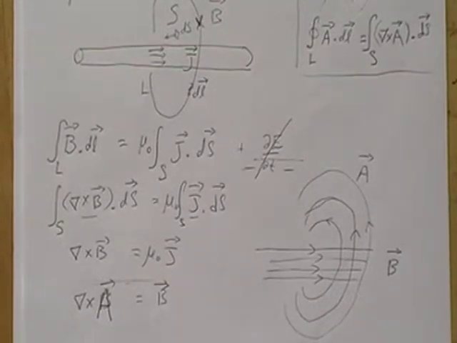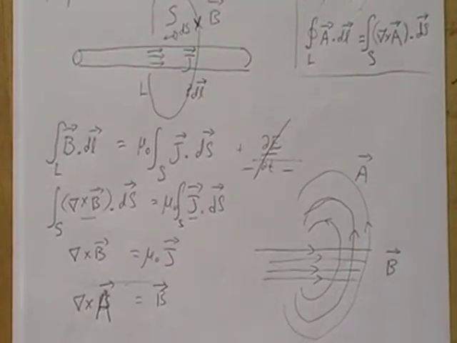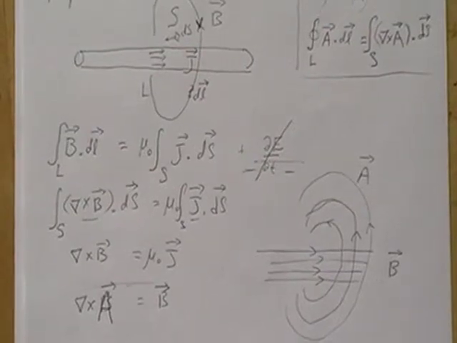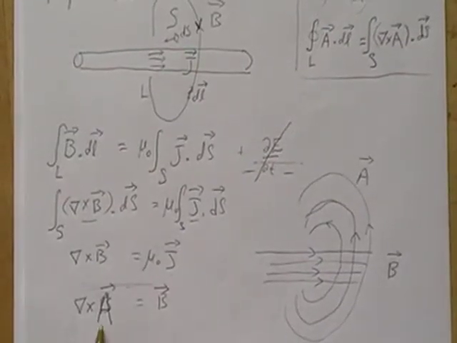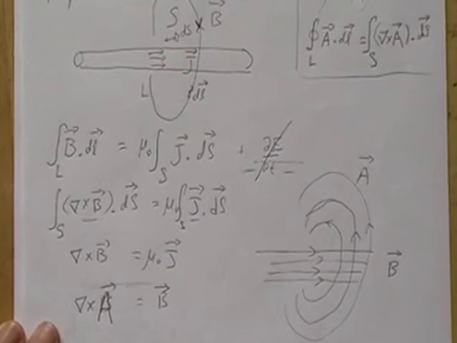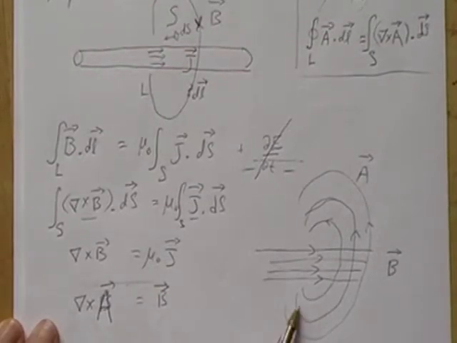So we have just visualized A for a simple example. And once we have this picture, the vector potential would no longer be just something abstract, something whose curl is B. Alright, we can actually draw a picture and show that this is what A looks like if I have a B there.